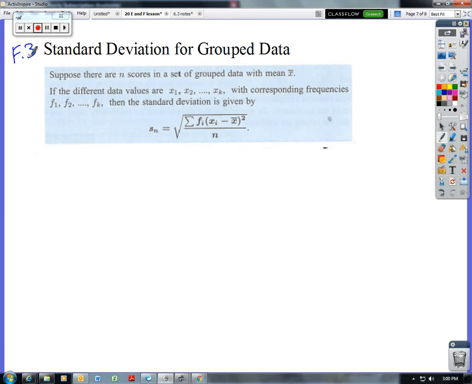If the different data values are x sub 1 and so on with corresponding frequencies, so we have the frequencies of each of these data values, then this is the formula for the standard deviation. Notice you have to multiply the frequencies times the x, times this part right here. So there's this extra little piece in here that we have to take into account.